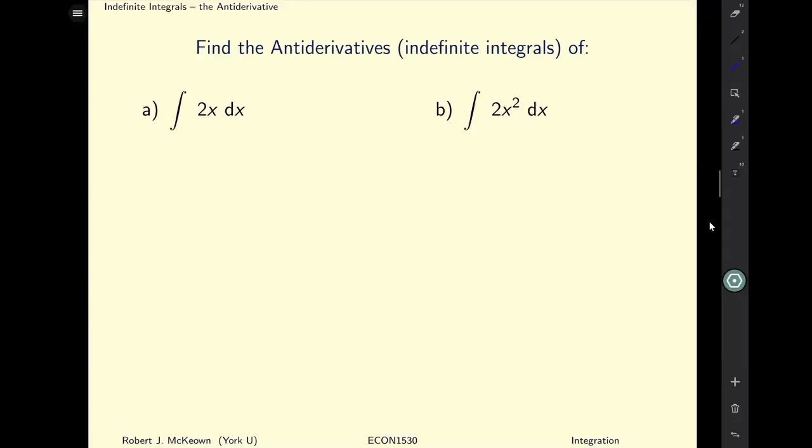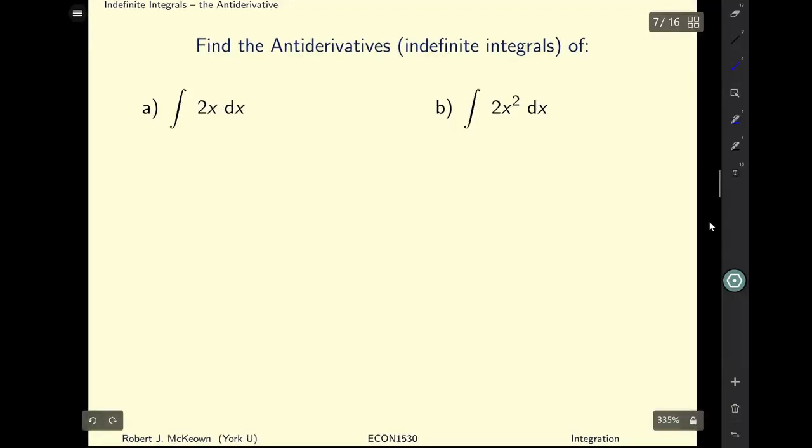Looking at A, this looks like it would be equal to x squared. Right? The derivative of x squared is 2x, and I never want to forget my constant term. This is the unknown constant.